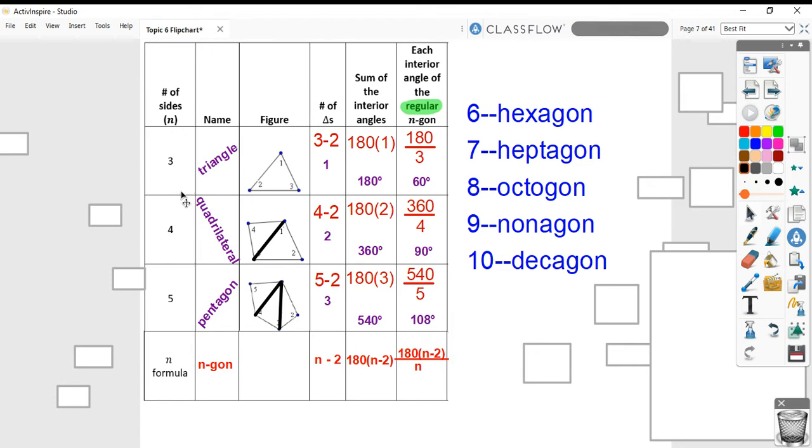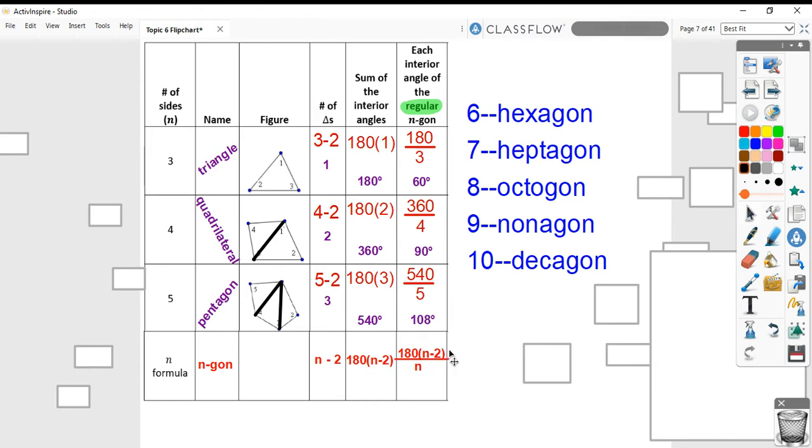There's a whole list of different numbers of sides, and you have to fill out this whole entire chart, all of these things with the name and the number of triangles and the sum of interior angles and the measure of each interior angle of the regular version. All right? It's not hard. You just have to apply these formulas right here.